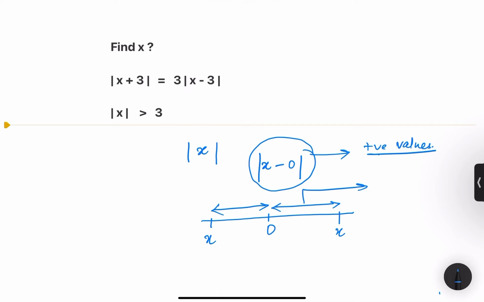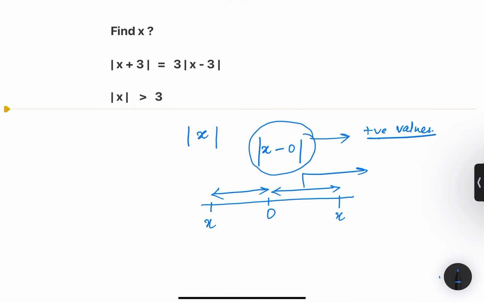So this is important. Whenever we say modulus of any number, we are trying to say what is the distance of that number with respect to some other number. Let's say modulus of 5.